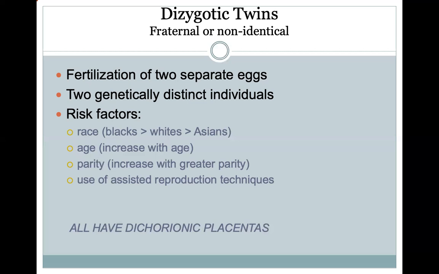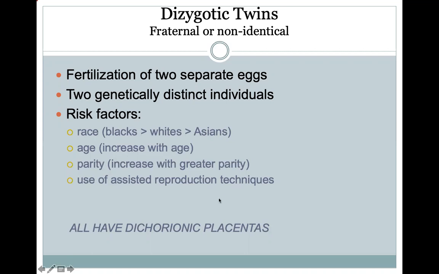Increasing maternal age is associated with a higher incidence of these twins. The more babies you have, the more likely you are to have twins. I can't tell you the number of times I've had moms come in saying they wanted to have one more child, and they come in pregnant with twins. It happens. And then obviously assisted reproductive techniques.